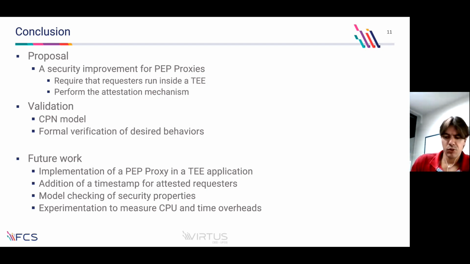So once the consumer is already attested, it can request more sensitive data during a specific time. We also suggest performing model checking of some security properties, and we are planning some experimentation to measure CPU and time overheads of our proposal.